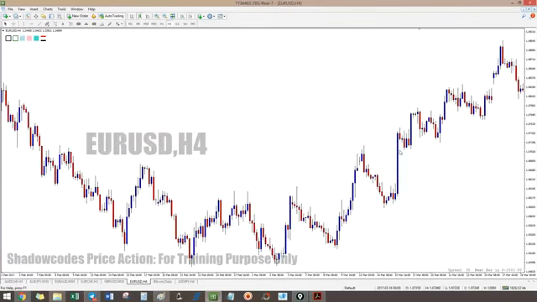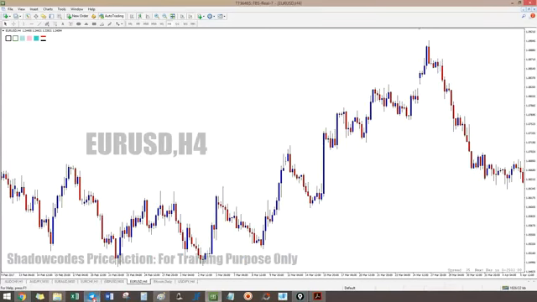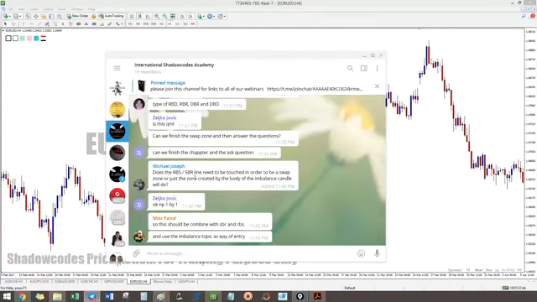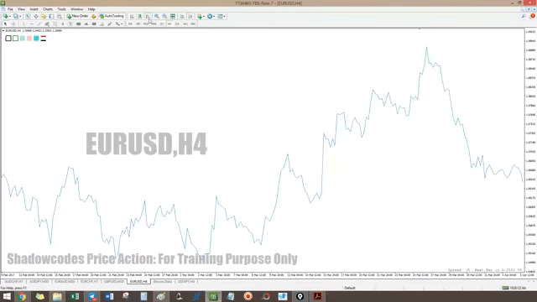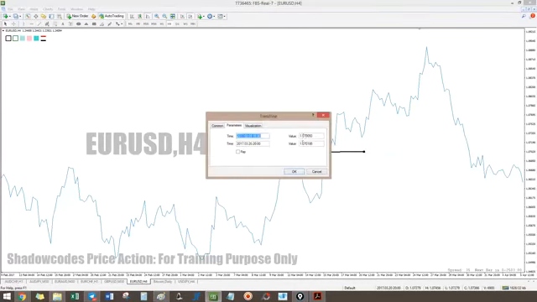So Michael's question was, does the RBS SBR line need to be touched in order to be a swap zone, or will just the zone created by the body of the imbalance candle do? I will answer this in chart. Let's draw it like this. First we change to line chart, and then we draw our RBS level.